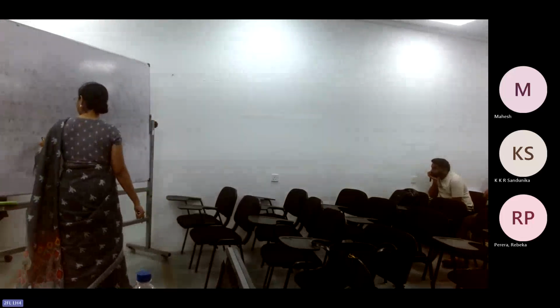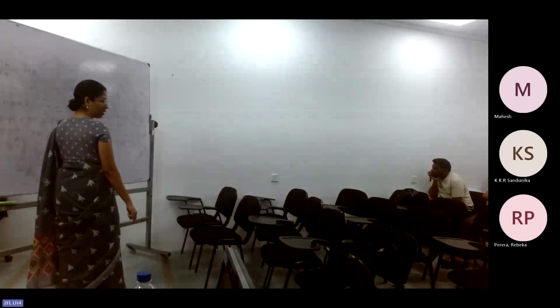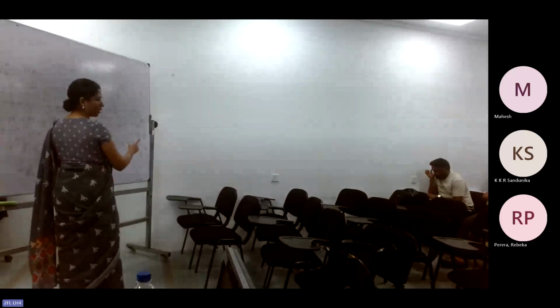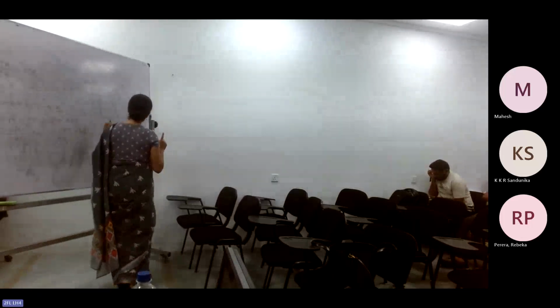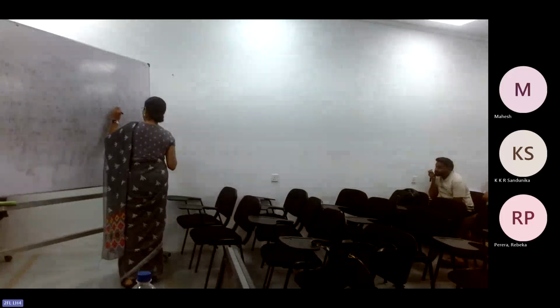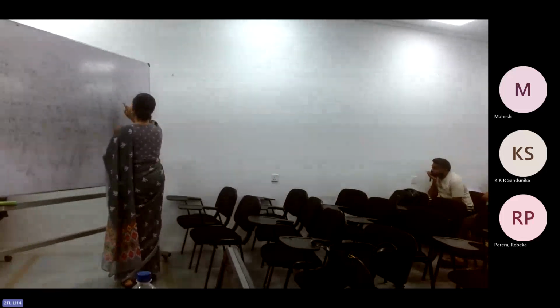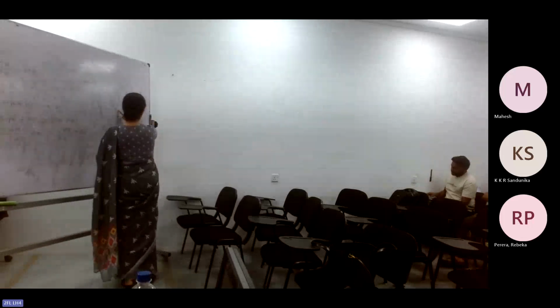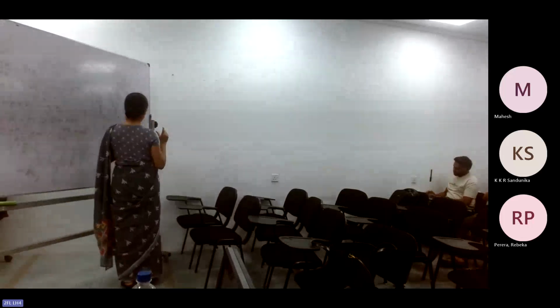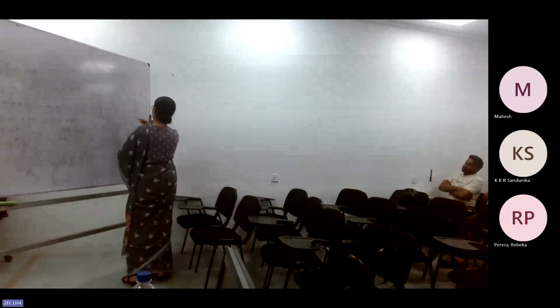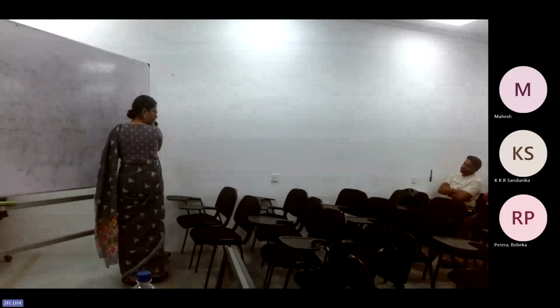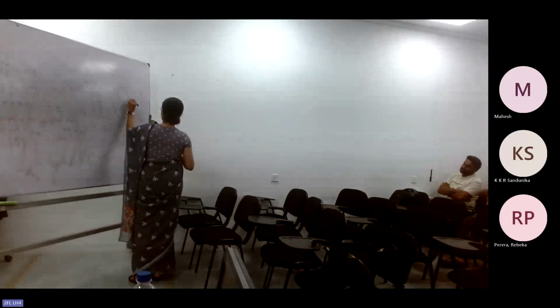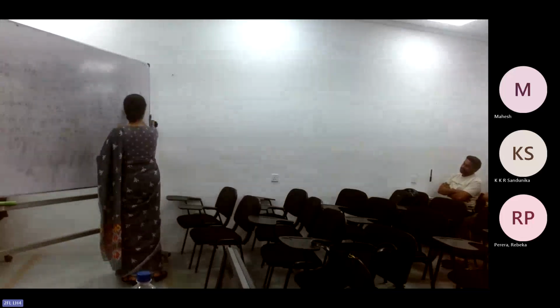The second condition is for that decision: the slope of MC should be greater than the slope of MR. What is the slope of MR here? 0. Slope of MR is 0. This is a positive slope, and a positive value is greater than 0.